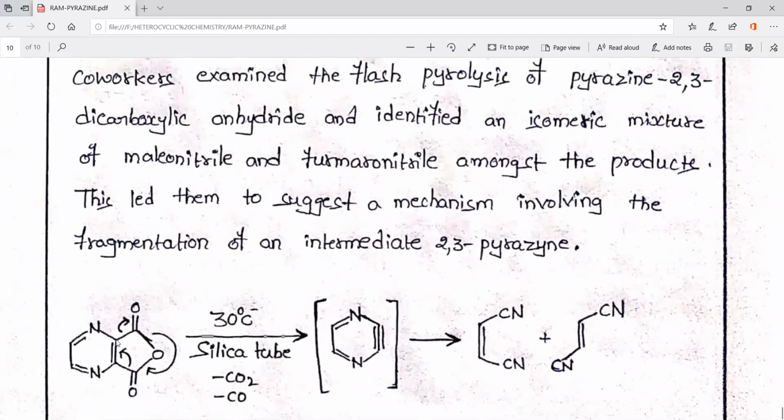This pyrazine-2,3-dicarboxylic anhydride on pyrolysis forms a diazine intermediate. So that undergoes decomposition to form malononitrile and fumaronitrile.